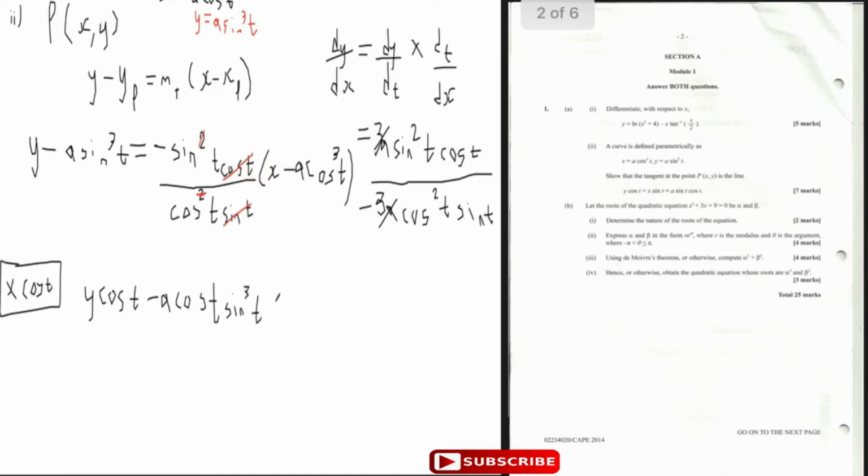And that is equal to minus x sine t, and then minus sine t times this becomes plus a cos cubed t sine t.